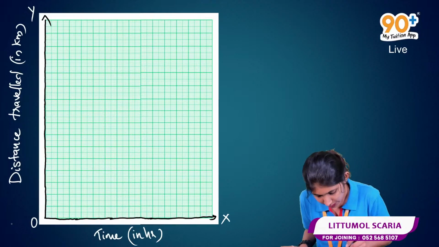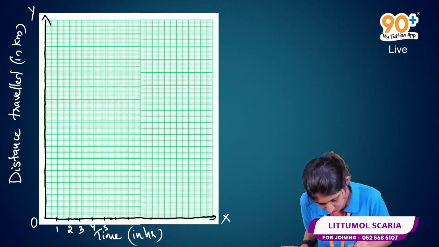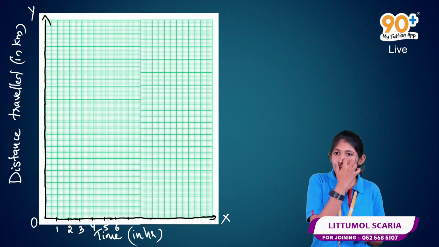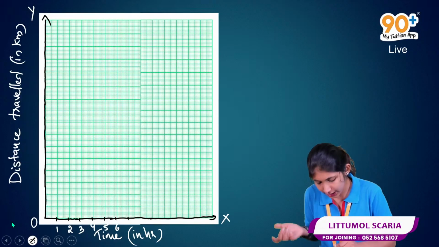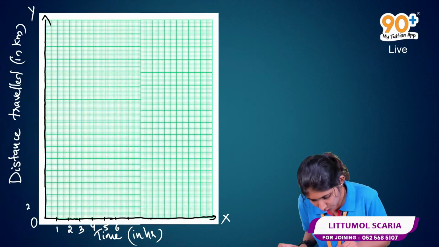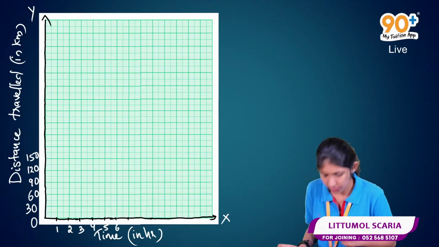Now we have the time 1, 2, 3, 4, 5, 6. Whatever you want, you can write. Now on the y-axis, what can you write? Either 30, 60, 90 or you can go for 10, 20, 30. It's up to you. 90, 120, 150, etc.